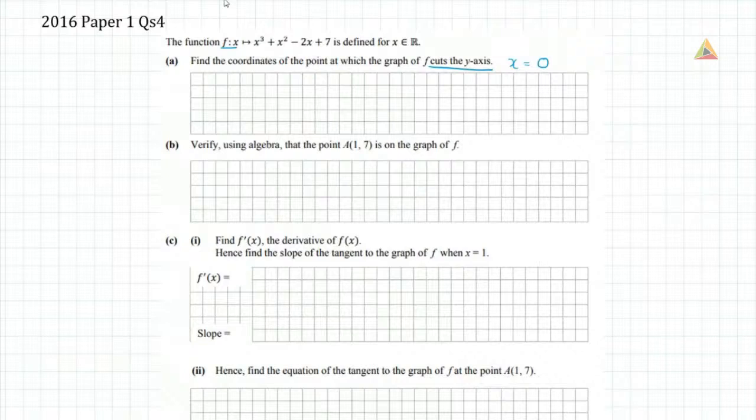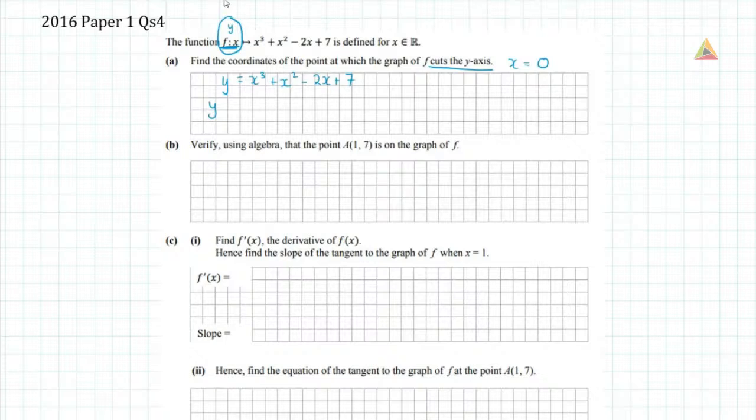Now this part of the function often causes problems for people. F of x like this is the same as y. So often I'll rewrite that as y equals x cubed plus x squared minus 2x plus 7 before I start, just to make it a little bit easier for myself with the y. So we're going to say x is equal to 0.